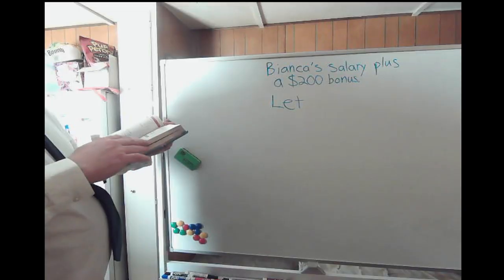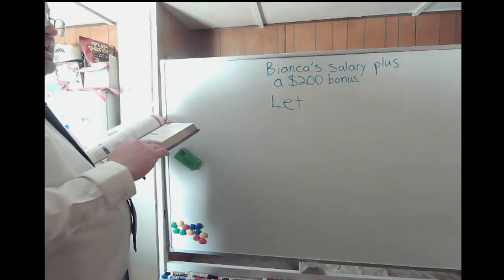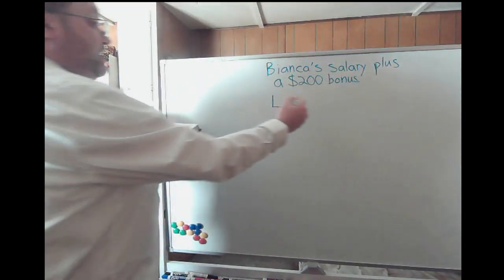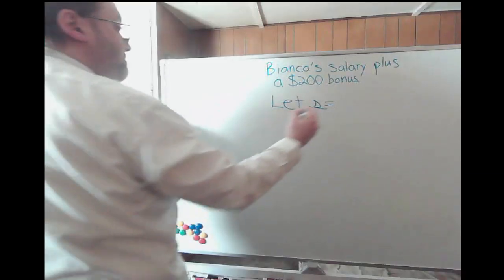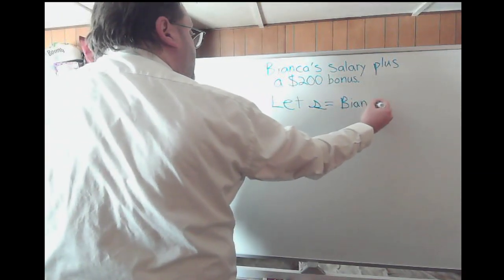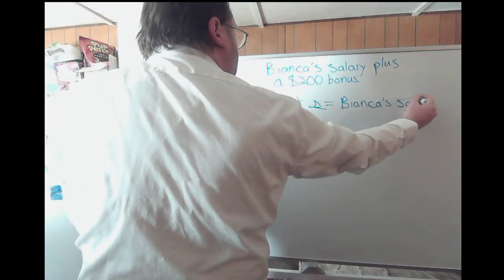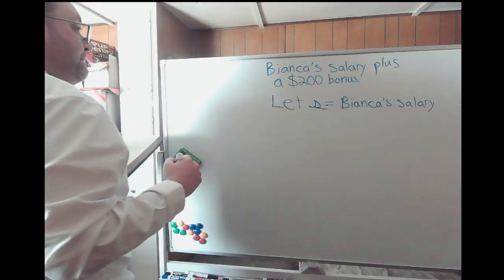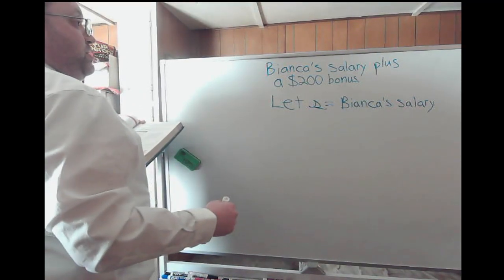That won't be till Algebra 2, but they do have actual numerical values, so let's not use E or I. But I think S, let S equal Bianca's salary. But yeah, you can pretty much pick whatever variable you want, honestly, just not E or I. But let S equal Bianca's salary.